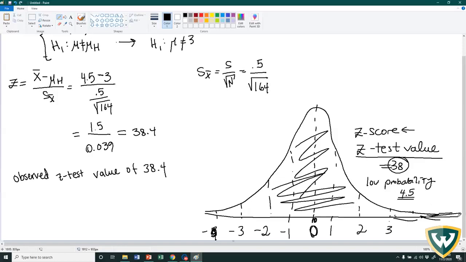So the two means, 4.5 and 3, are 38 standard deviations away from each other, and that means they're pretty far away from each other. They're statistically significantly different from each other because on the z-score, 38 is like way on the very right of the z-score distribution, and that means getting a z-test value of 38 is a very small chance.